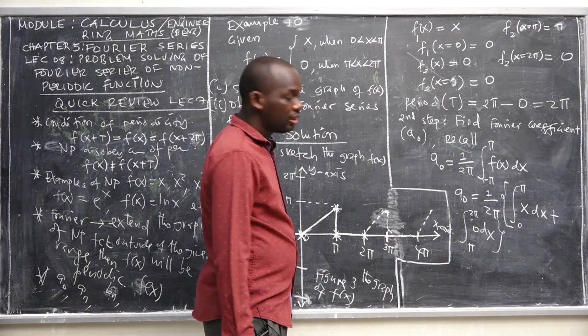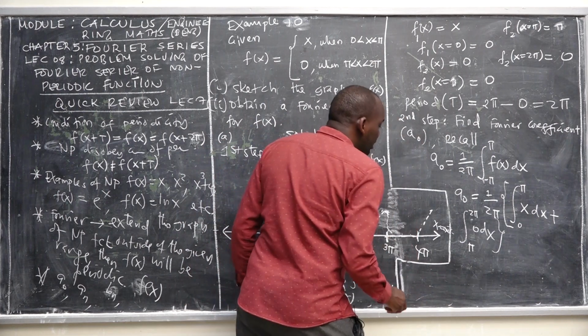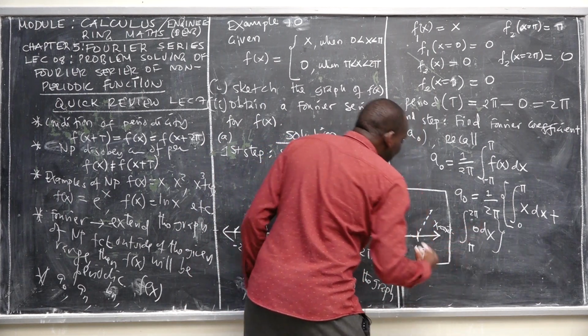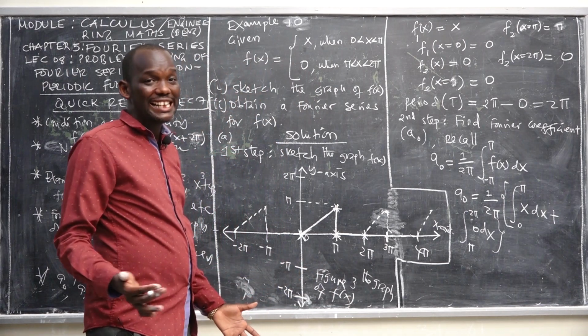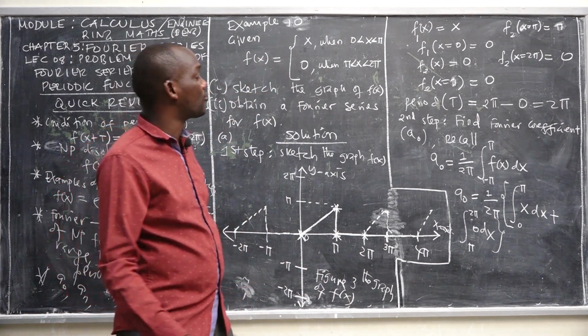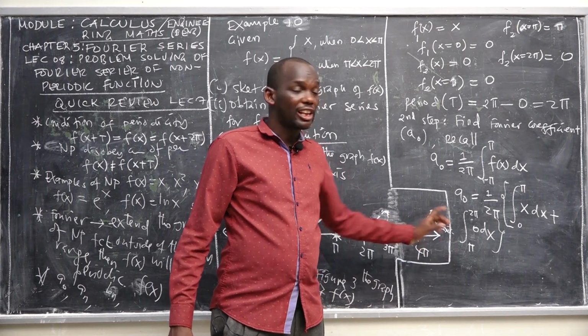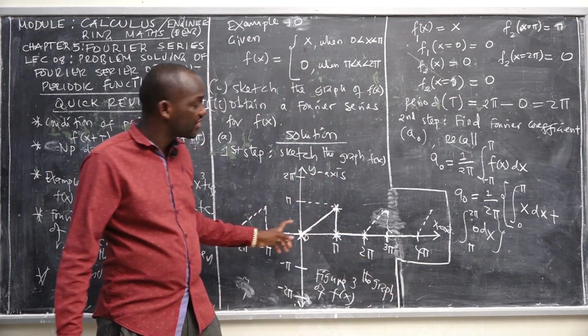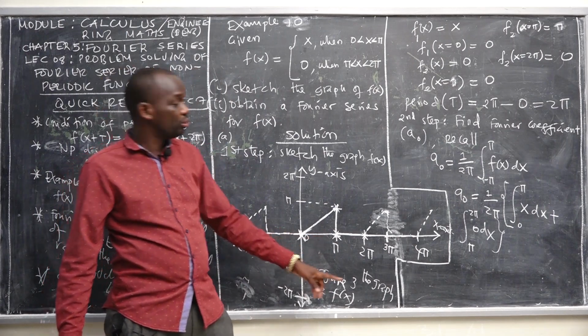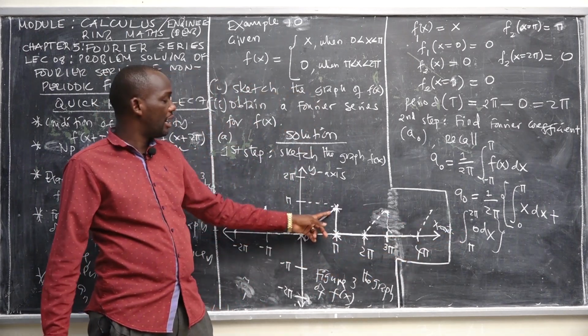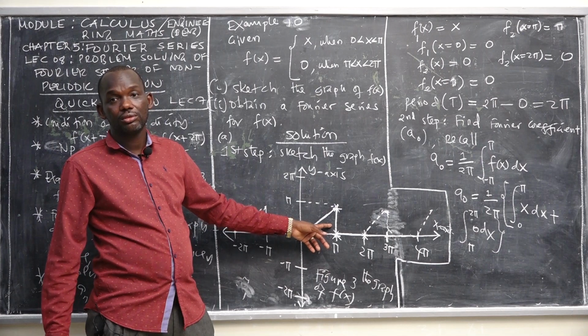Are we together? You know that the integral of 0 dx from pi to 2 pi is 0. It does not have any contribution, but you have to write it to illustrate that you have included it, because even in the graph you see how this function has affected it. Without this function, you could not have this nature of the graph.